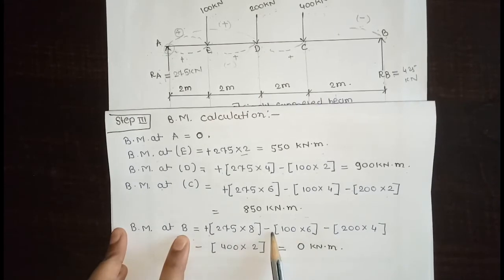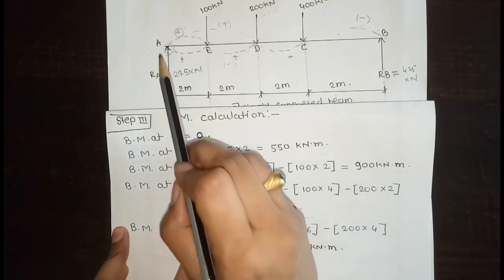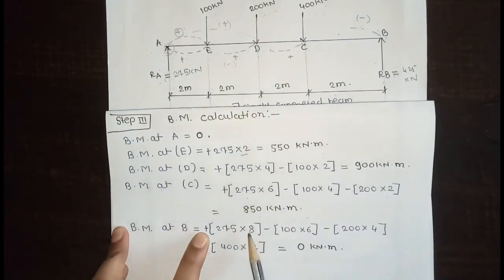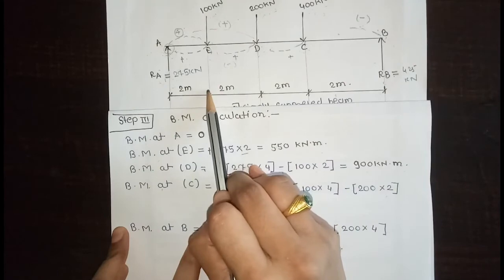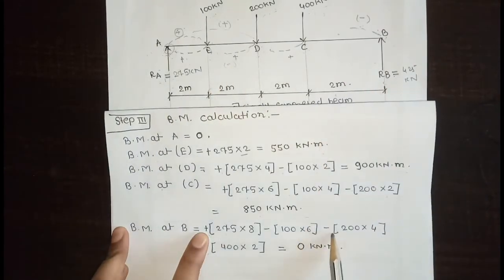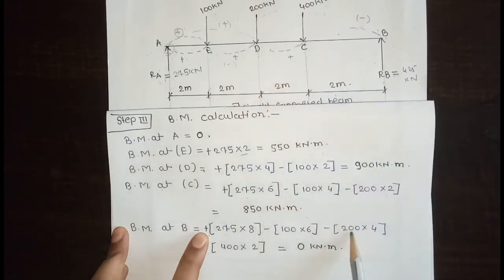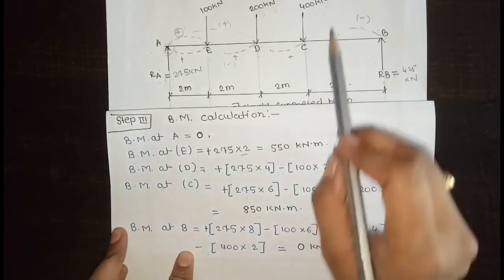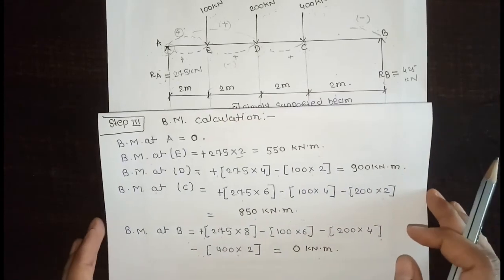What is the value of the first force? 275 into perpendicular distance, total span 8, minus second force 100 into perpendicular distance E to B, 6. Then minus third force 200 into perpendicular distance D to B, 4. Then minus last force 400 into perpendicular distance C to B, 2 meter, is equal to 0. This is the bending moment calculation.